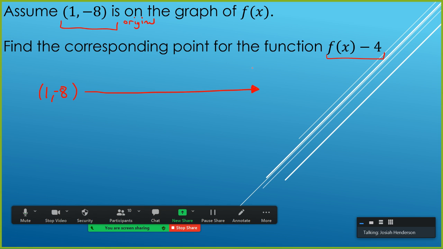So that means we do it at face value and we apply it only to y. Apply to the y number, leave x alone. So x is left alone, so it's still a 1 here. 1, -8, still 1 comma something. -8, and at face value, that's going to be -8 minus 4.